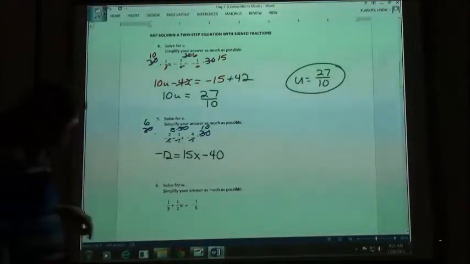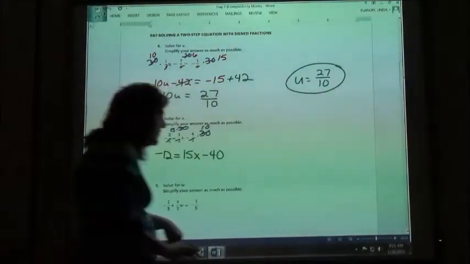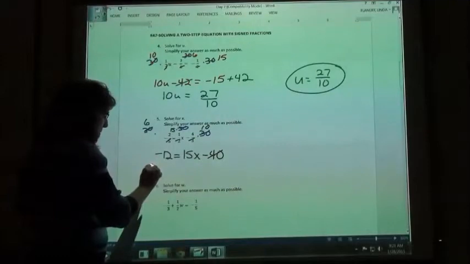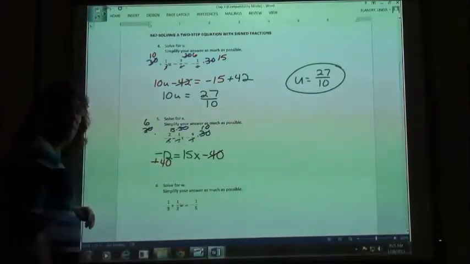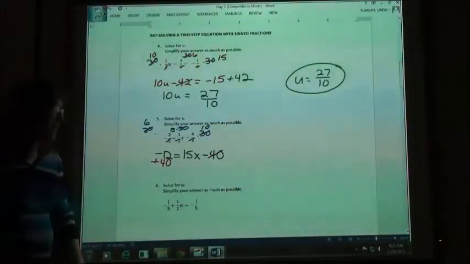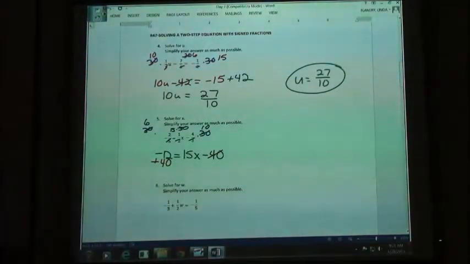If I want to solve that for x, the next thing I should do is move my 40 over, so I'm going to add 40 to -12. -12 plus 40 would give me 28.